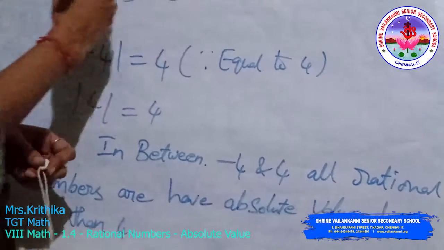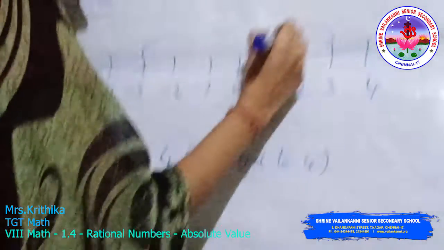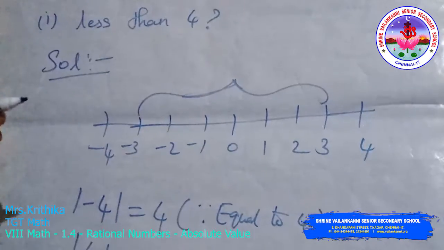In between minus 4 and 4, in this area having the absolute value of less than 4.